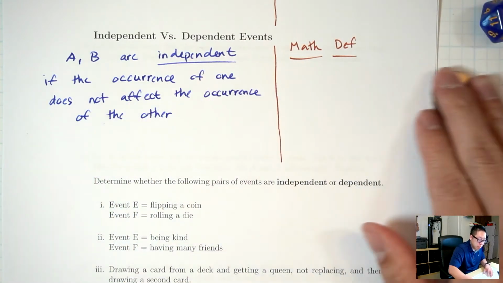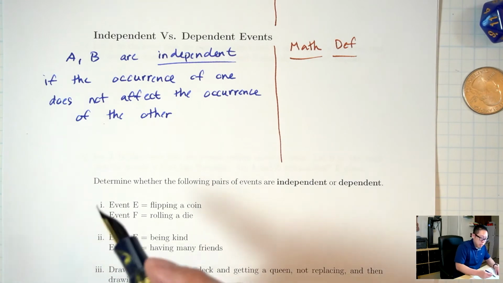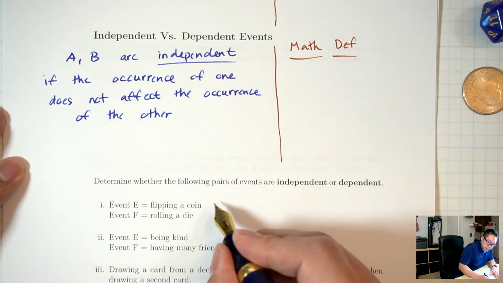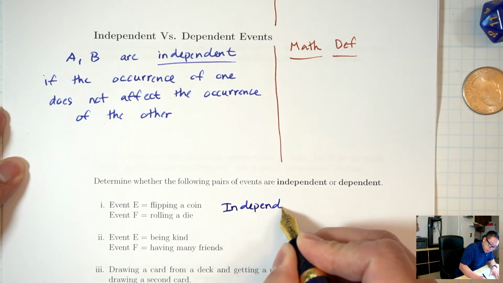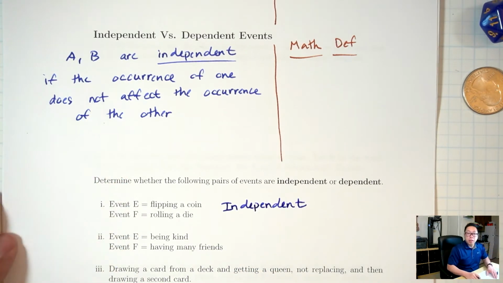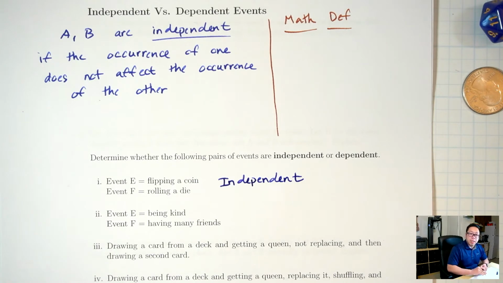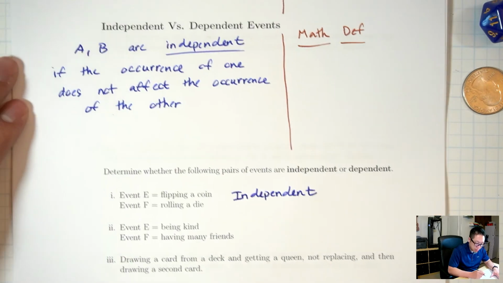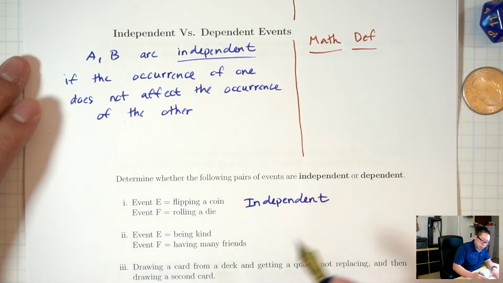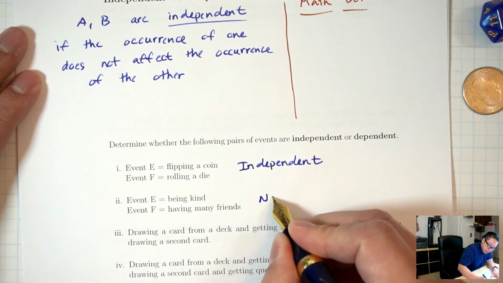So if they don't affect each other at all, then it's going to be independent. Next one, being kind and having many friends. Does being kind affect whether or not you have many friends? It probably does, right? So if it does affect, then it's going to be not independent.